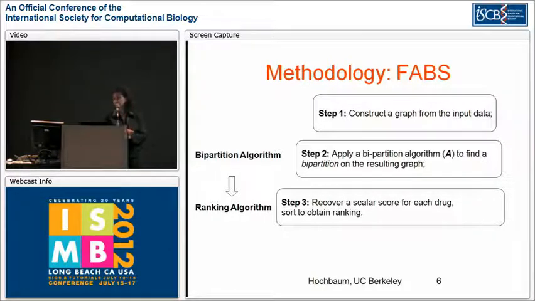We'll apply several. And then we recover the scalar score for each drug, because we know in advance which drug population each cell belongs to. The algorithm itself is blind to the association of each cell image with a particular drug. But once the bipartition is achieved, we look at those labels and we assign a higher score to those drugs that have a higher percentage falling in the more intact set.